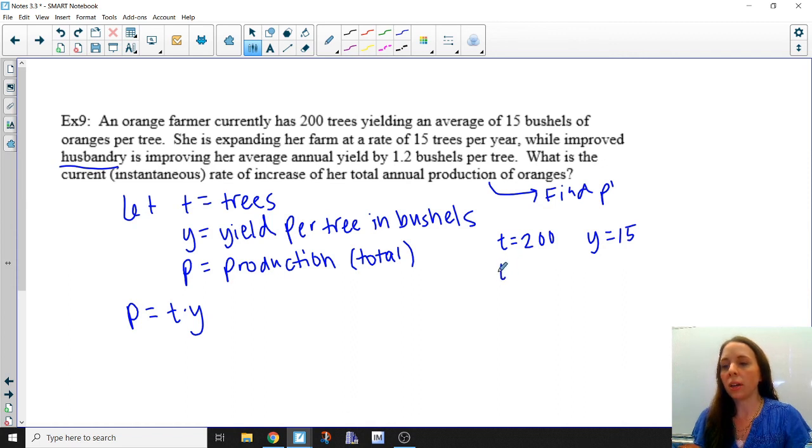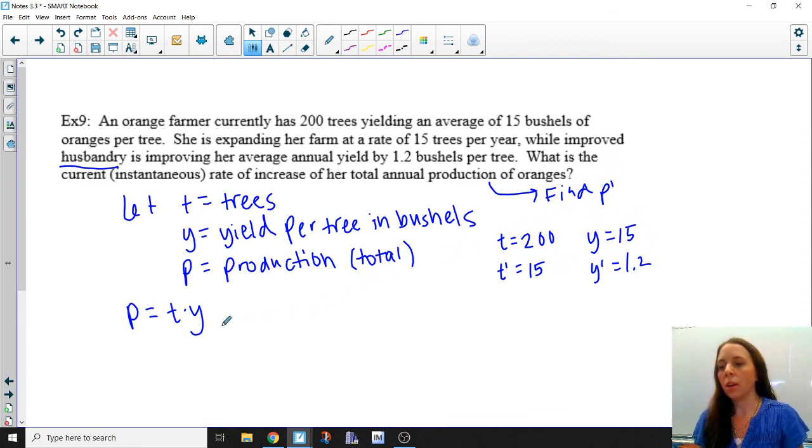That is a rate of trees, T prime, and it's equal to 15. While improved husbandry is improving her annual yield by 1.2 bushels, the change in the yield, Y prime, is 1.2.